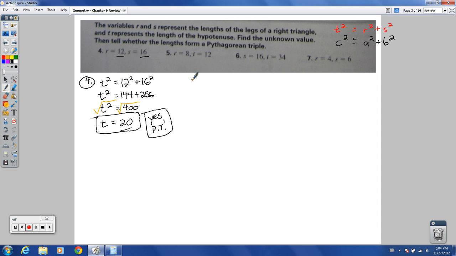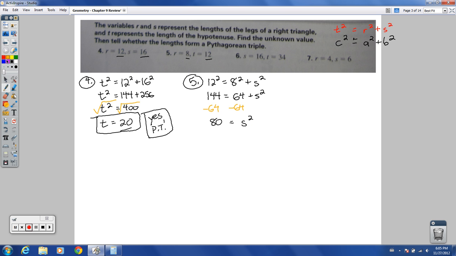Okay, let's check out number 5. R is 8. T is 12. What's missing? S is missing. So we're going to have T squared is 12 squared equals R squared would be 8 squared plus whatever S is squared. This is 144 again. So 64 plus S squared. You subtract 64 from both sides. You're left with, this time, 80 equals S squared.